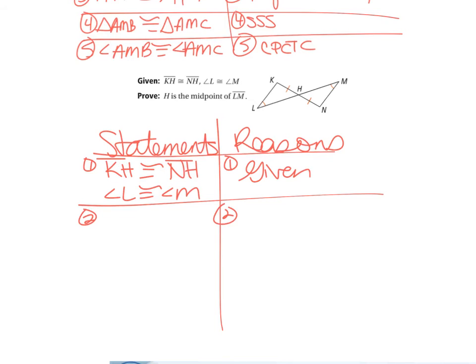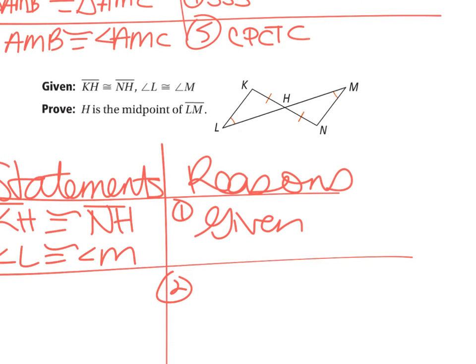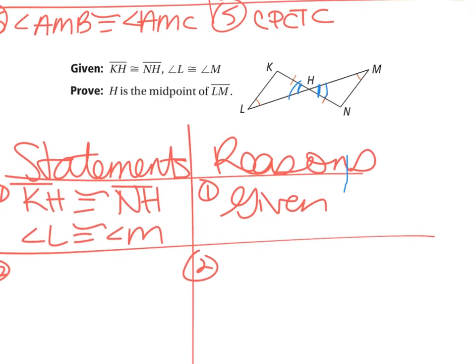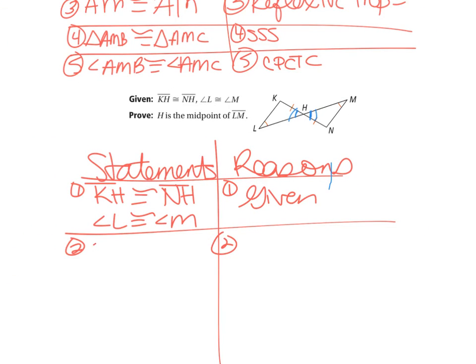So let's first prove the triangles because that's what we're doing. They gave us an angle and a side. So we either need another angle or another side. The only thing I can see to do is the vertical angles. So this angle and this angle must be congruent because they're vertical. That's what we have to list next. Angle KHL is congruent to angle MHN. That would be the vertical angles theorem.